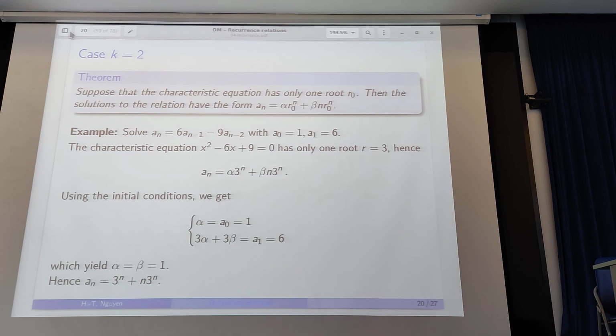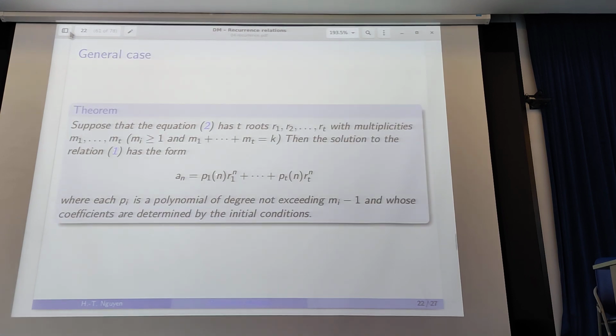Okay? And so similarly, in the general case, you will have a sum like this one. Here, R1, R2, R3 are different values. Okay? So here, HP is a polynomial in n.